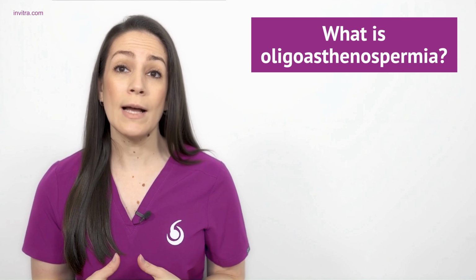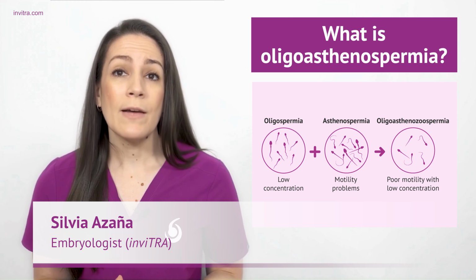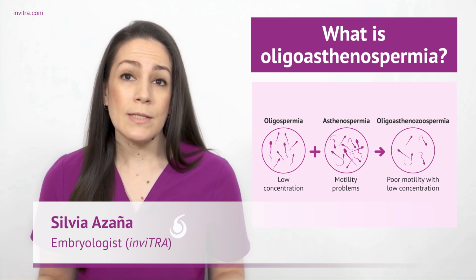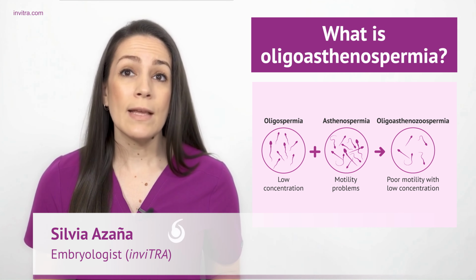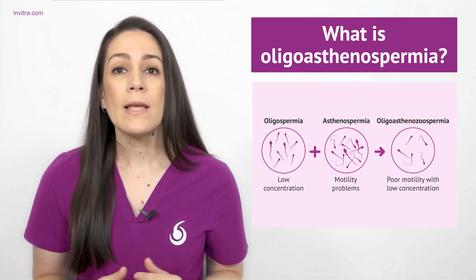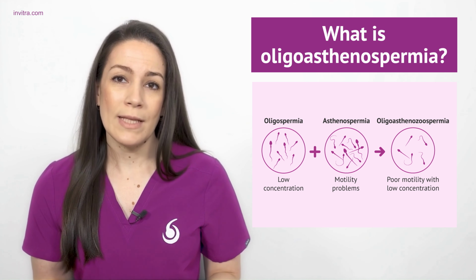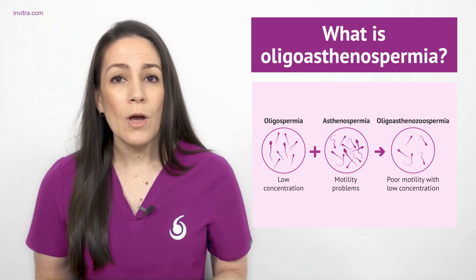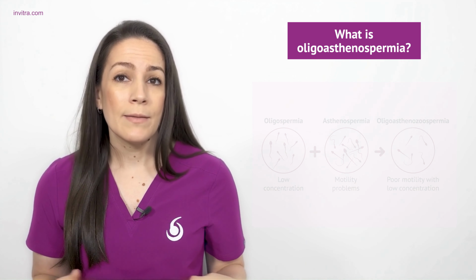Oligoasthenozoospermia, also called oligoasthenospermia, is defined as a sperm alteration consisting of a combination of the following conditions: oligospermia, a low sperm concentration of less than 15 million per milliliter; asthenospermia, impaired sperm motility, where more than 60% are immobile or less than 32% of sperm have progressive motility.